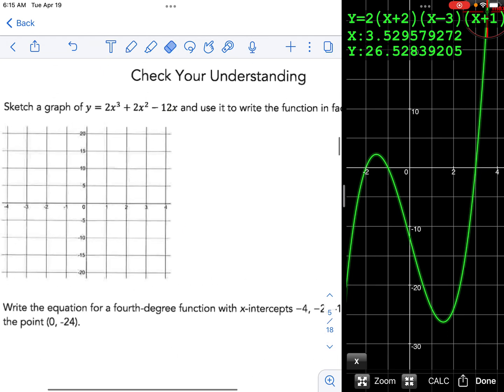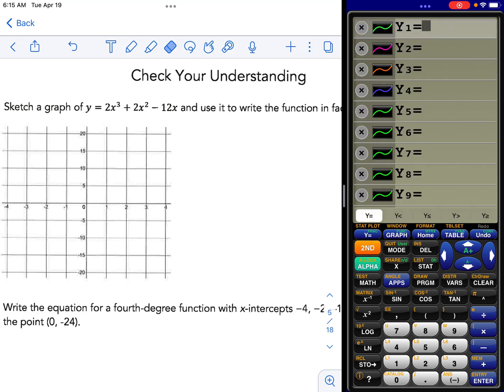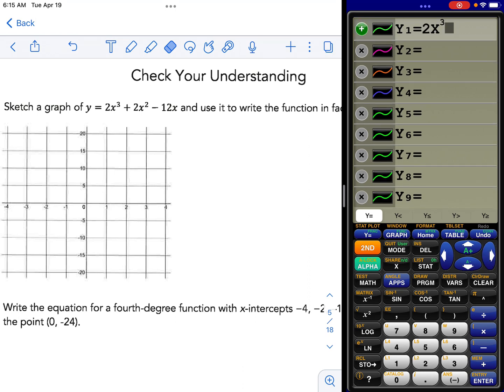Okay, so I'm just going to graph this polynomial here. This is in general form, so 2x cubed plus 2x squared minus 12x.